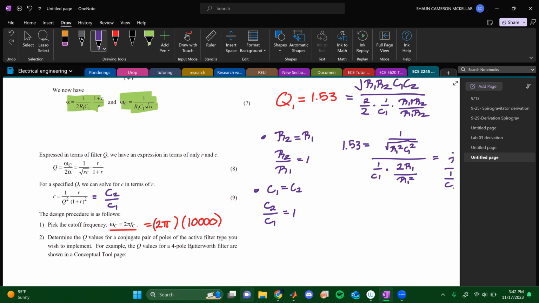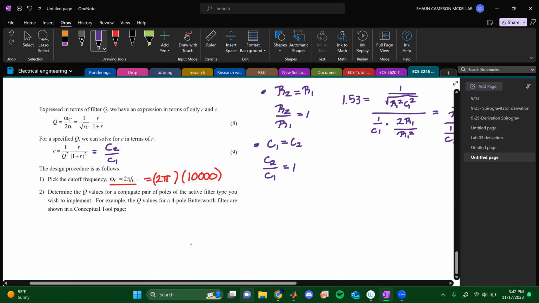And then he just chooses different ratio values, which end up allowing you to solve for these different capacitors and inductors. So using this equation 9, we could say that C equals 1.